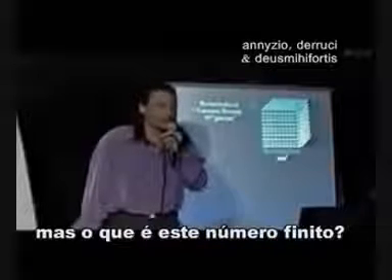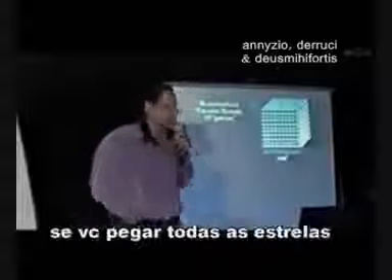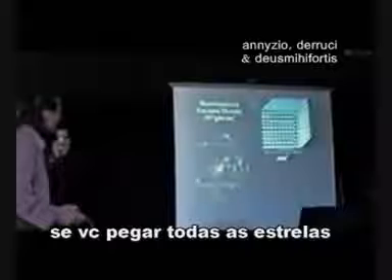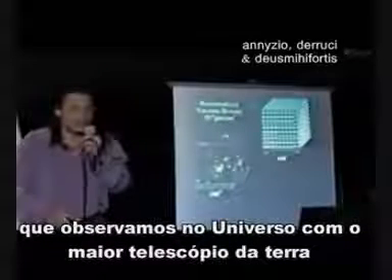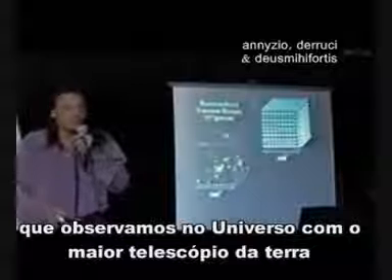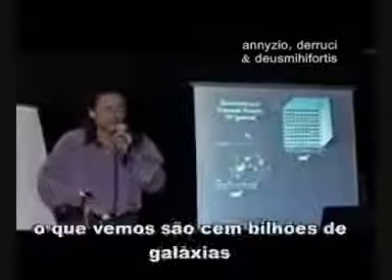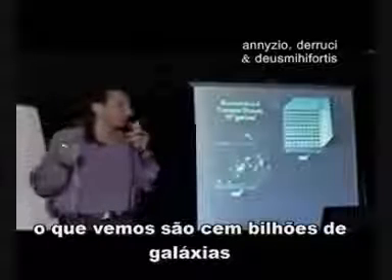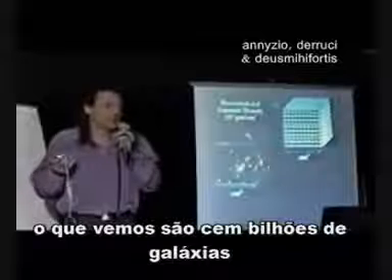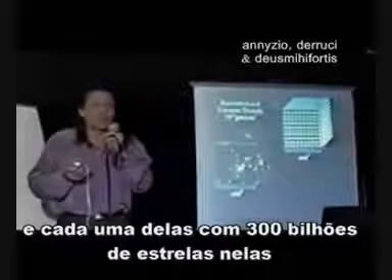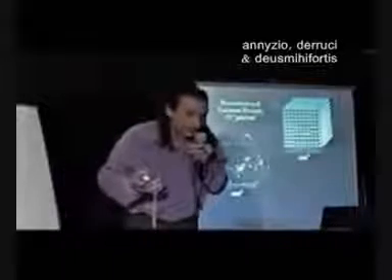But what is that finite number? Let me give you an idea. If you took all the stars we observe in the universe with the largest telescope off the Earth, the Hubble, and we see 100 billion galaxies. Each galaxy has over 300 billion stars in it.